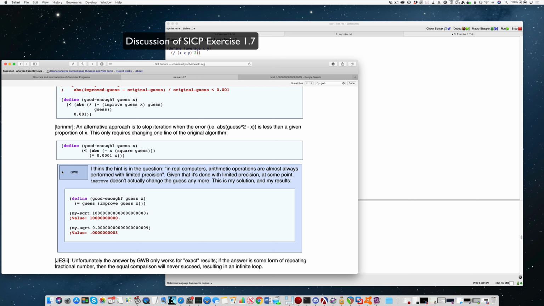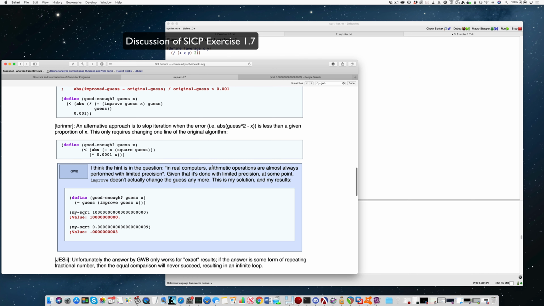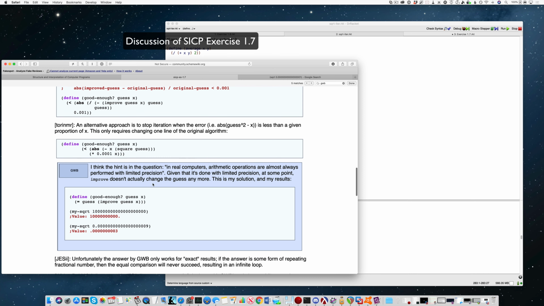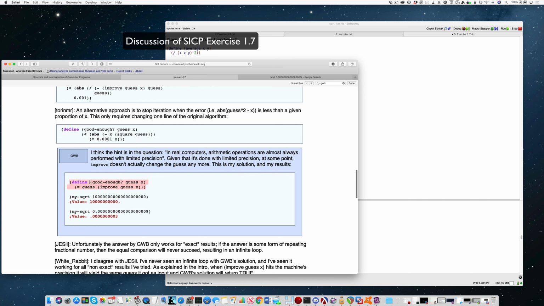So this guy, George W. Bush, says, I think the hint is in the question. In real computers, arithmetic operations are almost always performed with limited precision. Given that it's done with limited precision, at some point, improved doesn't actually change the guess anymore. This is my solution. He's saying the guess is good enough if the guess and the improved guess are the same.